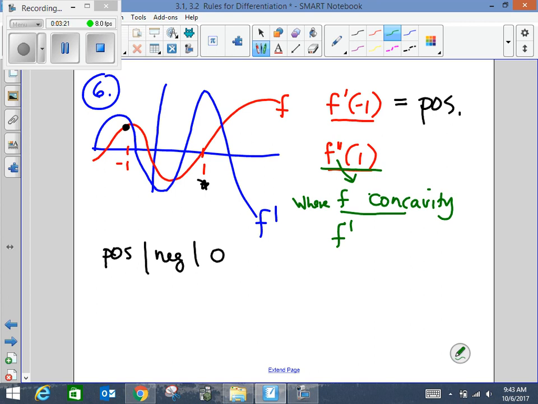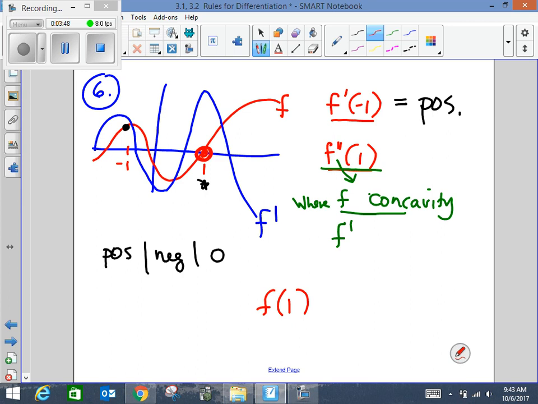Okay. All right, so let's try this again. For f double prime of 1, we're looking at f, we're looking at this, right? I think if you look at the slope of f prime, it'll find what f double prime is.